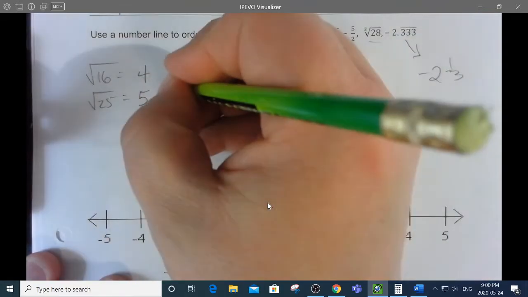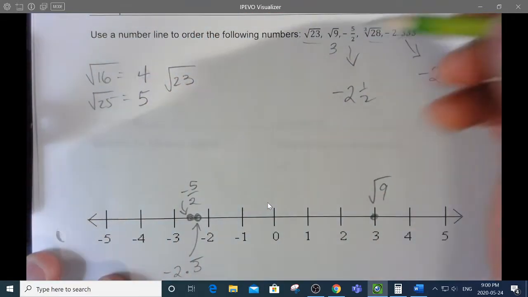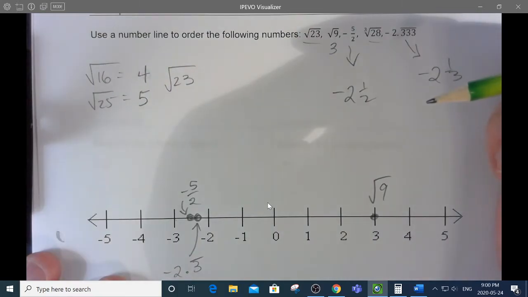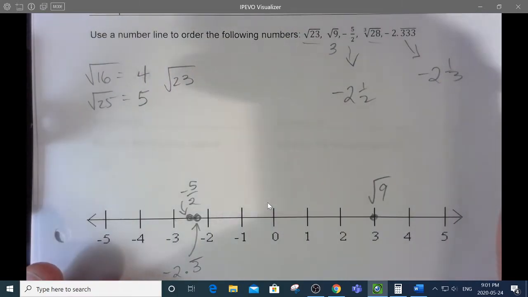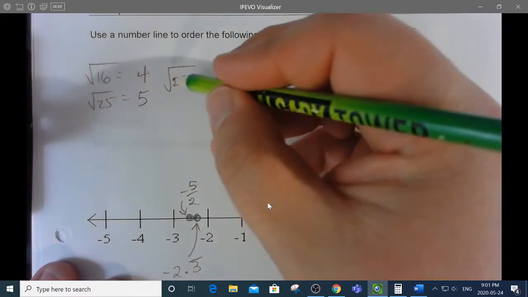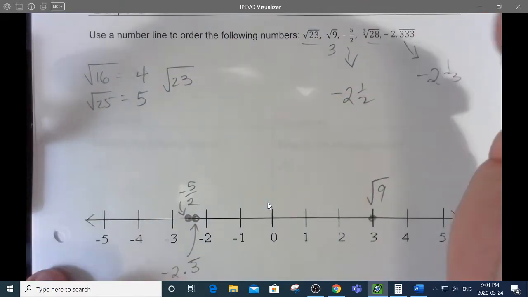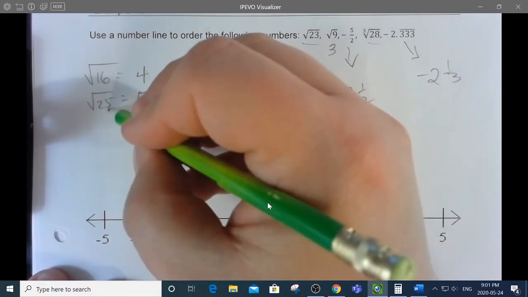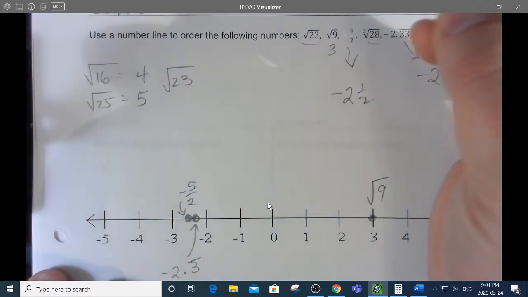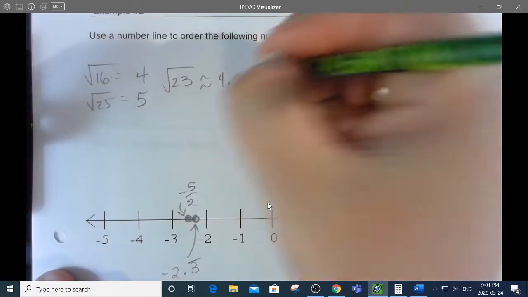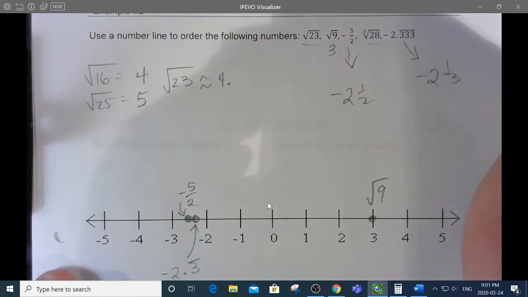So I know that the square root of 23 is somewhere between 4 and 5. So in grade 8, I believe, you were supposed to learn how to estimate what that is. Now, you can just do a ballpark. 23 is closer to 25 than 16, so it's going to be past 0.5. So it's going to be around 4 point, maybe 0.8 or something.